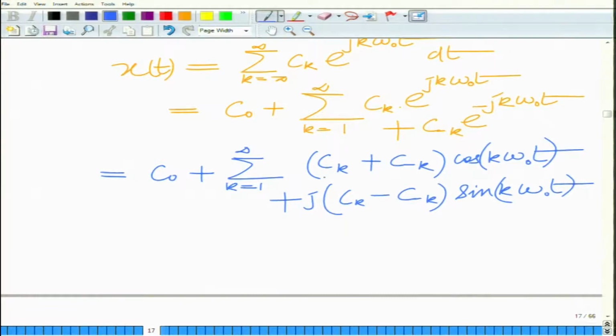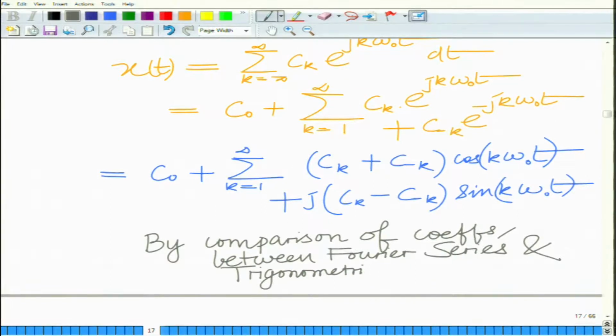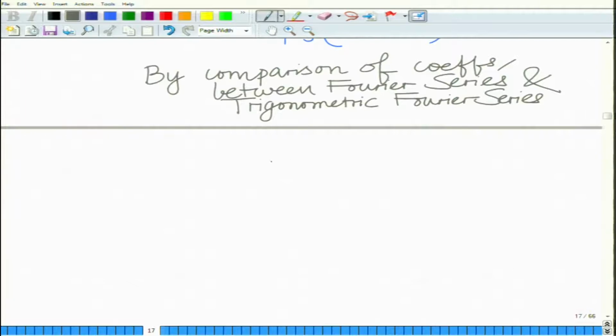Okay. And therefore, by simple comparison of the coefficients between the Fourier series and the trigonometric Fourier series, you can see that, first of all, C naught, the DC coefficient corresponding to the 0 frequency, equals A naught by 2.